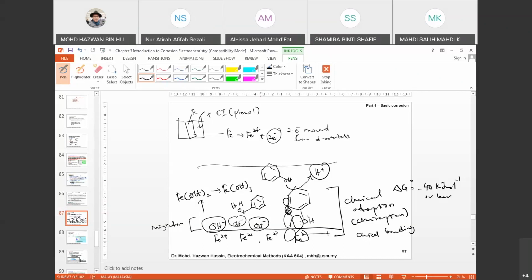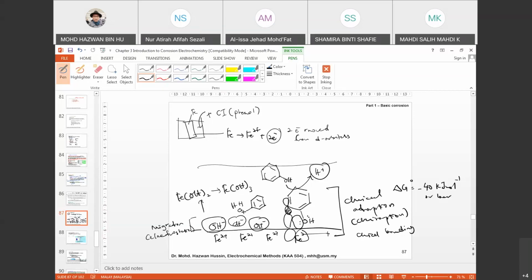So remember earlier I told you that once you have metal dissolution, Fe becomes Fe2 plus, the surface will be positively charged. It will attract negatively charged ions, OH minus or Cl minus, to be adsorbed on the surface. This is called migration because this is the effect of electrostatic interaction. Okay. All right. So the surface is now covered with negatively charged ions.